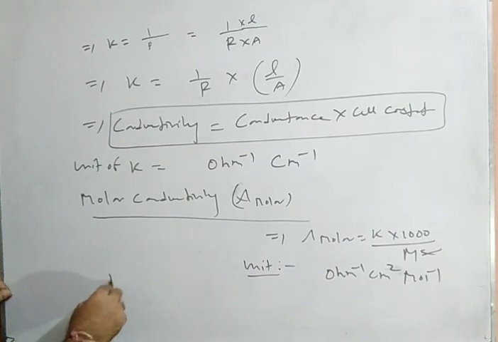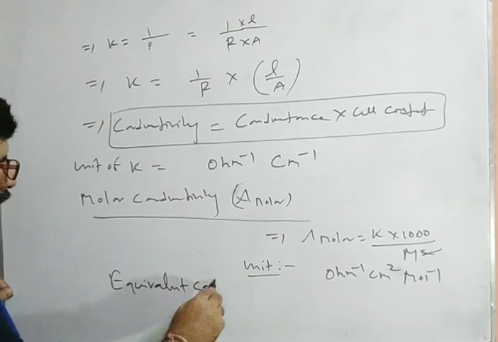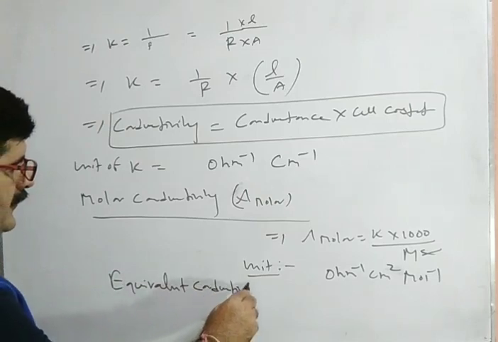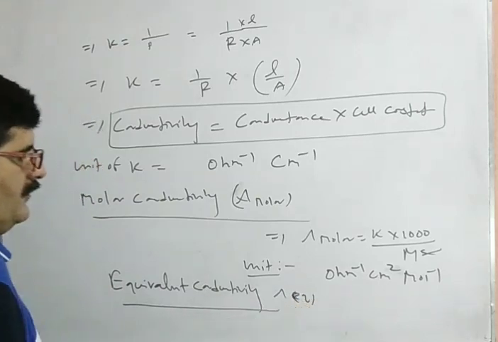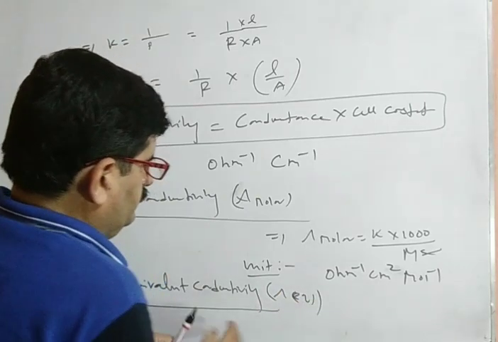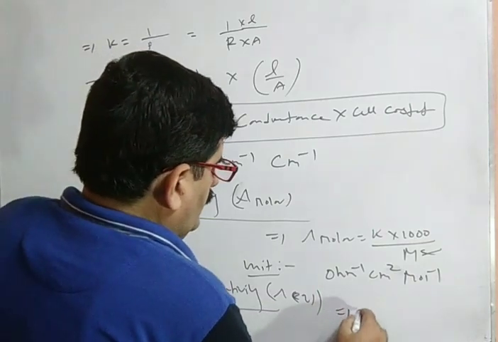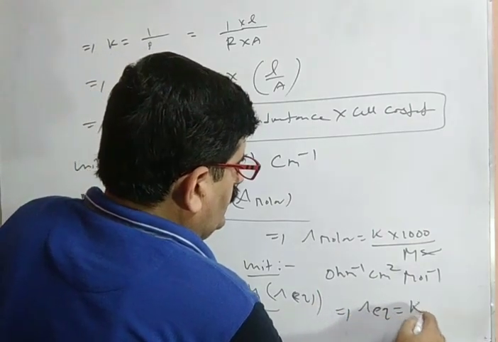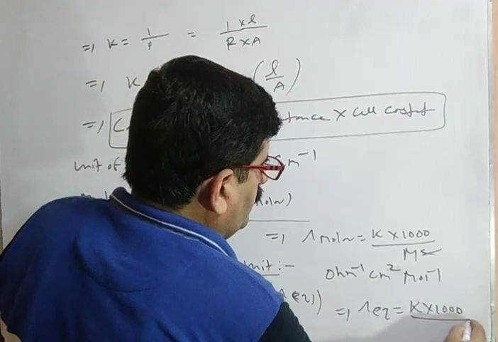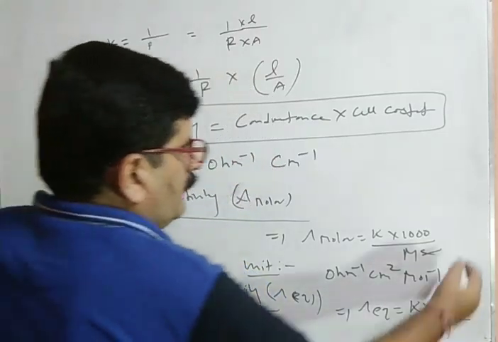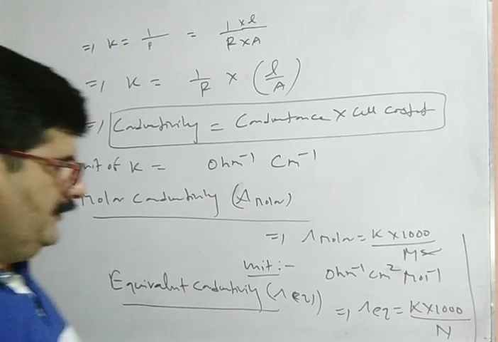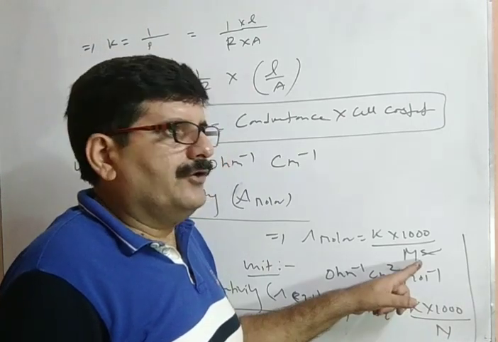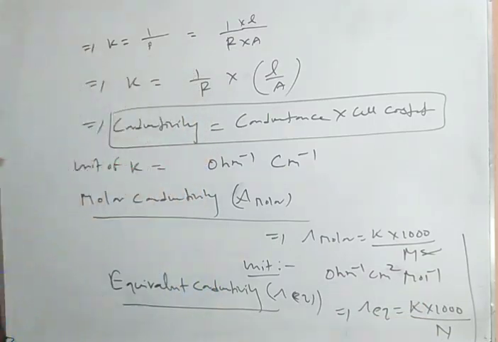Similarly, we can define equivalent conductivity: K into 1000 divided by normality. Equivalent conductivity is similar to what? Molar conductivity. But we use N instead of M. N is called what? Normality.